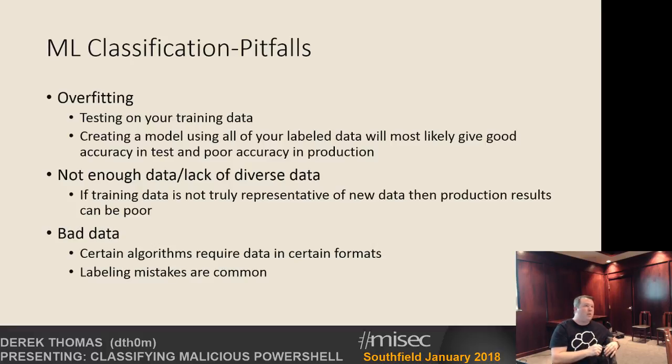Another one is when we were using the Palo Alto test encoded event data. When you decode the events, some of those were just printing hello world and popping up calculator. They were demo events. We had automatically classified everything in there as malicious, and once we looked at it, we realized these aren't actually all malicious. Some are really just demos that we didn't want to train our data on because they weren't legitimate. And then there's bad data formatting: certain algorithms require data in certain formats.